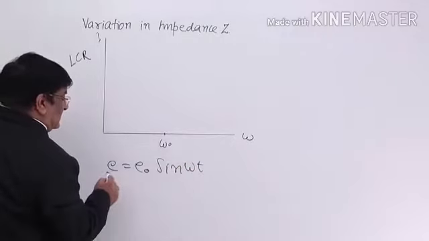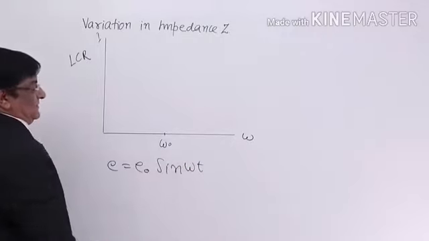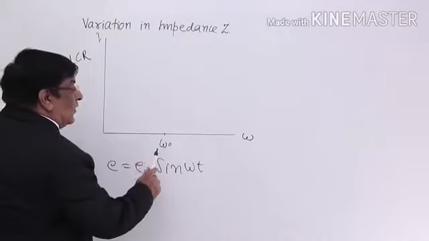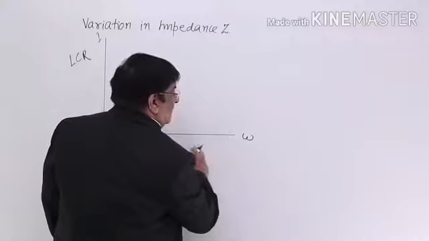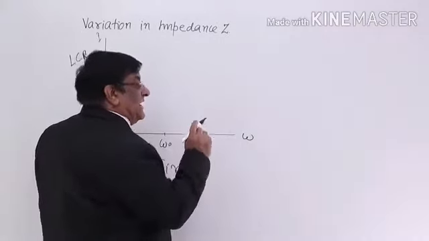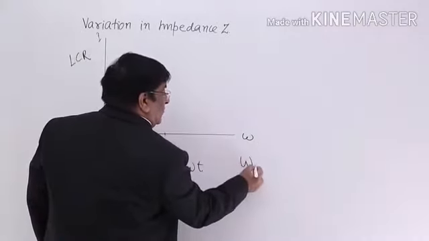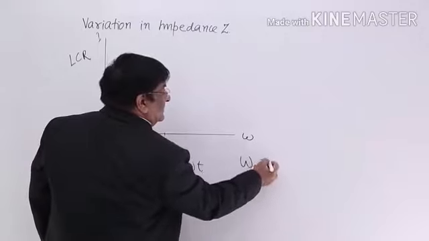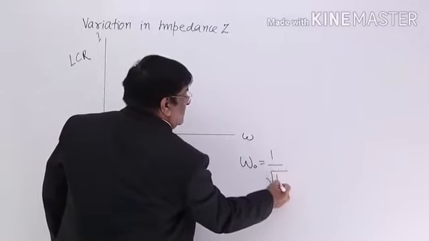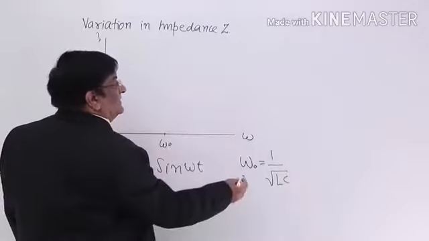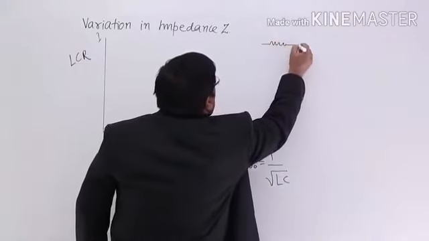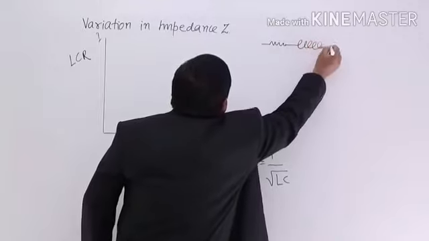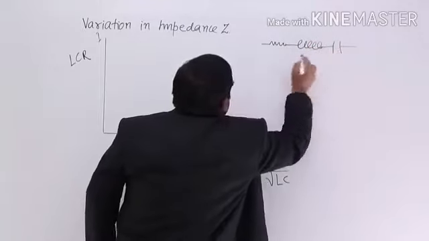This omega is the applied frequency. This omega naught is the calculated natural frequency, which is 1 upon root LC, and this is according to whatever is the value of resistance, inductance and capacitance.